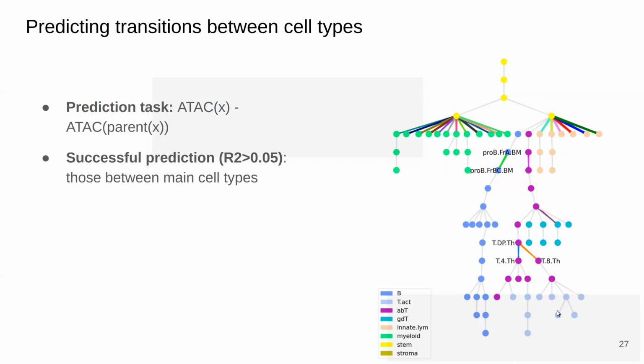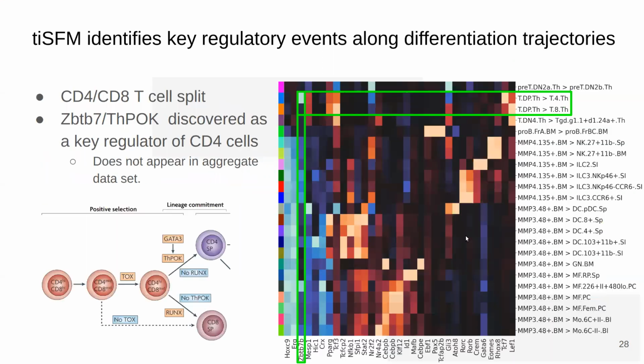For the most part, we only observe this between major lineage commitment points in this tree. We have one exception, the CD4, CD8 split over here, which doesn't really induce dramatic changes in ATAC-seq itself, but was relatively well predicted by our model. Going into the coefficients, we can ask what is contributing to this prediction. One of the top contributions comes from the transcription factor ZBTB7B, which is known as ThPOK.